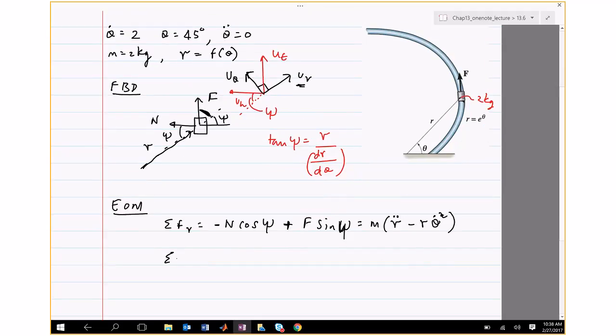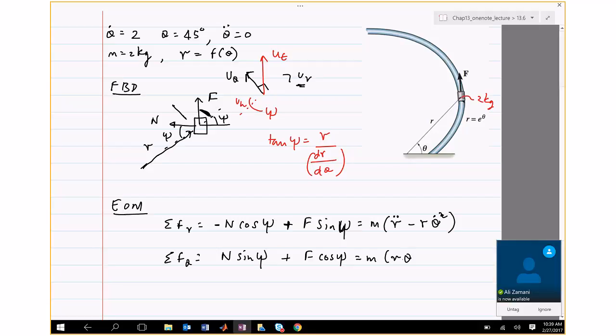Similarly, the net forces in the theta direction are n sine of psi, which points in the positive u theta direction, and F will also point in the positive u theta direction, so both have positive sign, equals mass times the acceleration in the theta direction, that is r theta double dot plus 2 r dot theta dot.